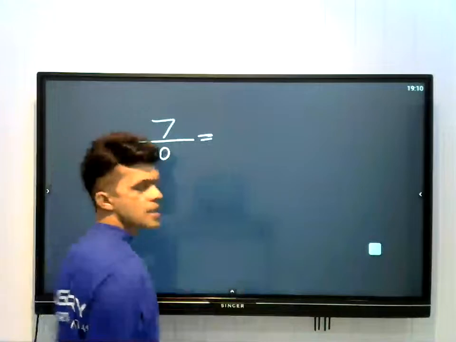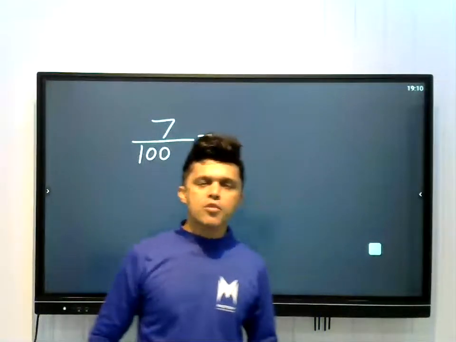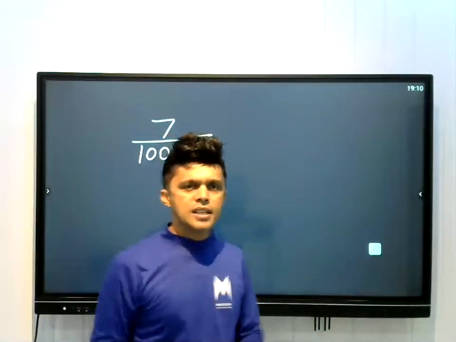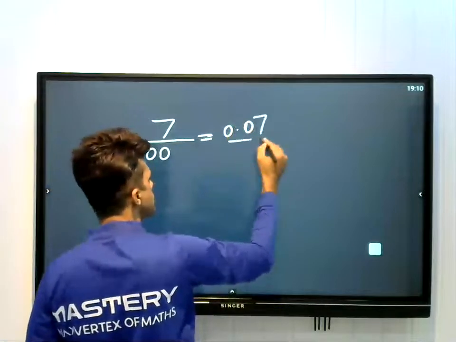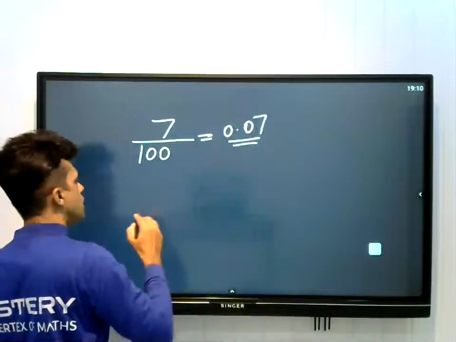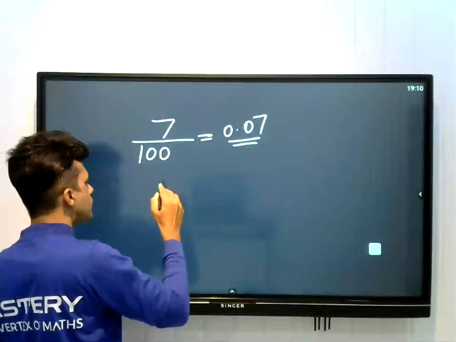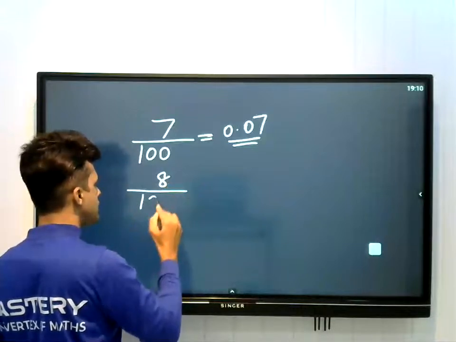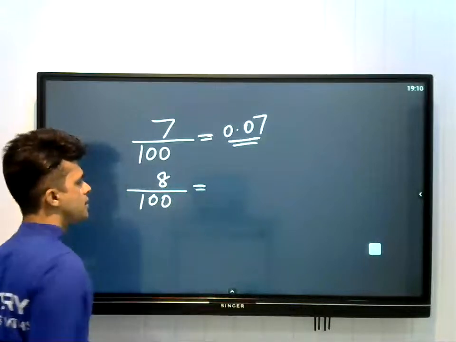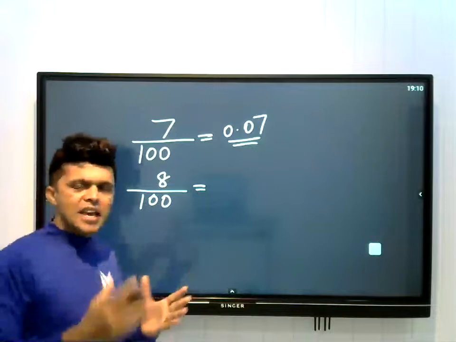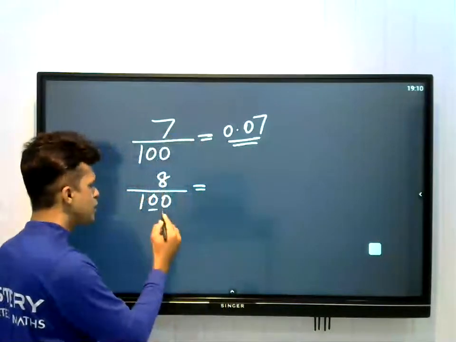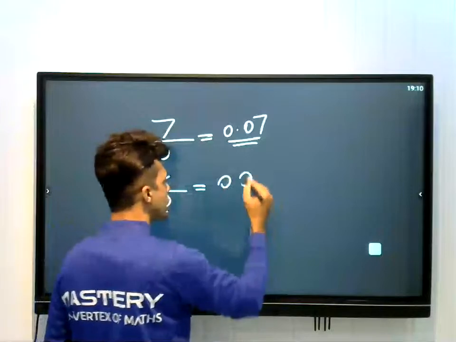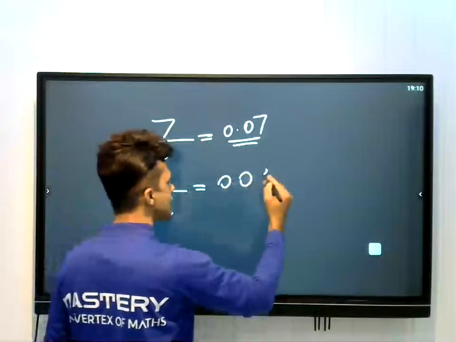7 over 100. Think of this one. How can you write this fraction as a decimal number? Yes, 0.07. This one, 8 over 100. On the other hand, I can teach you this sum in this sense, right? Here you could see 2 zeros, then you need to write these 2 zeros here and this 8 as well.